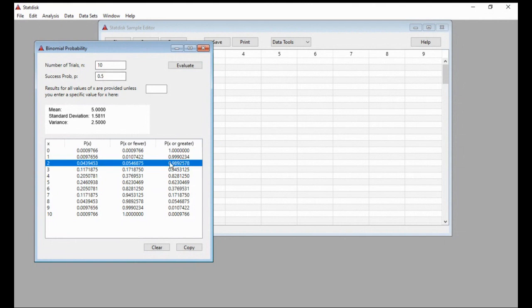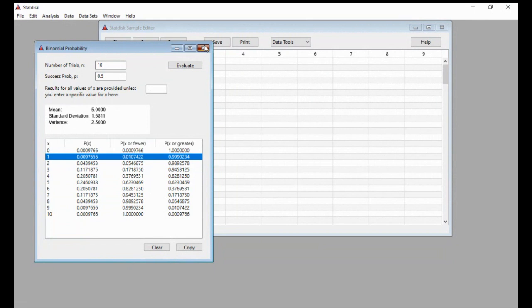The probability that you have one or more heads is 99%. That case is that one here, greater than or equal to 1. So any quantifier that is given, the table is going to help us to get it. Okay, that's for binomials.